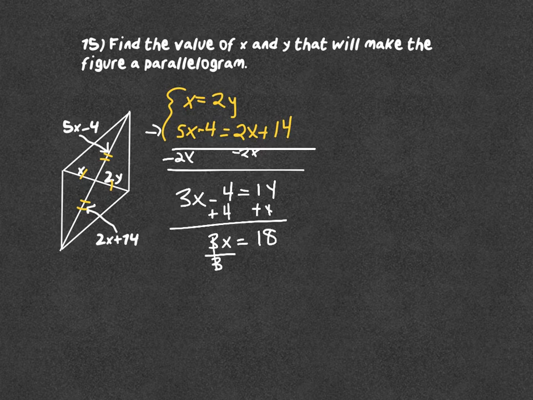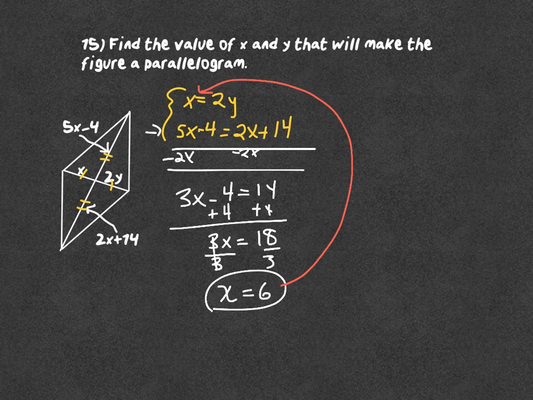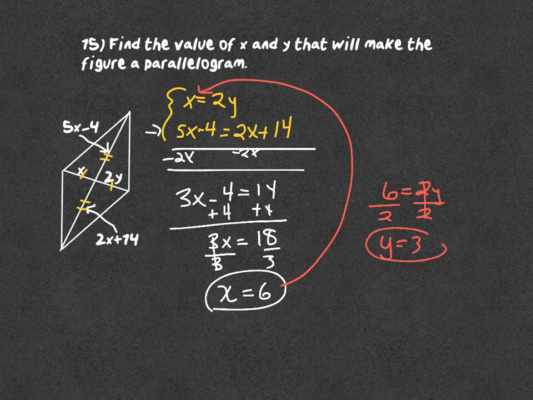Divide by the 3, and x equals 6. Now once I have x equals 6, I can put it in right there and then solve for y. So 6 equals 2y, divide by the 2, and y equals 3. So your answer is x equals 6 and y equals 3.